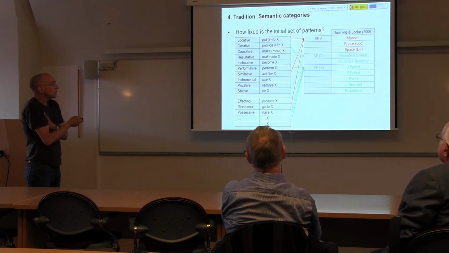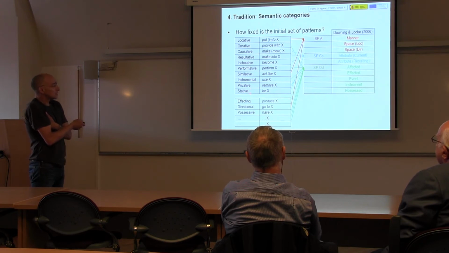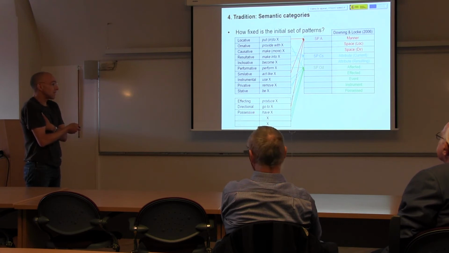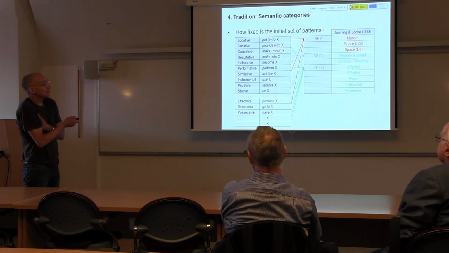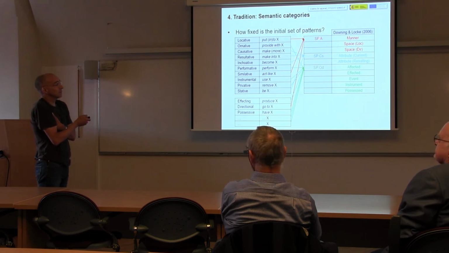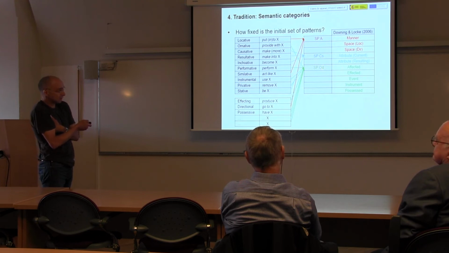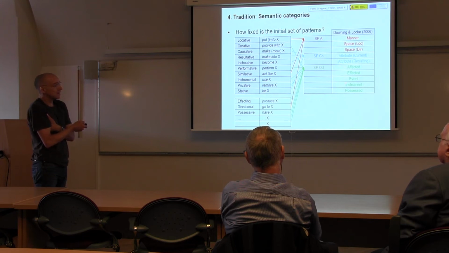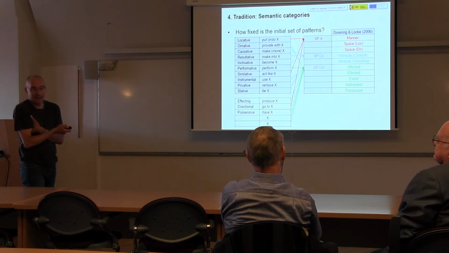If we refer the original set of semantic categories plus the semantic categories that I proposed earlier on for those examples that couldn't be represented here, what we find is that we have an adverbial, we have an attribute, and we have some kind of direct object that may be, in semantic terms, affected, effected. It may be an event, an instrument, or a possessed item.